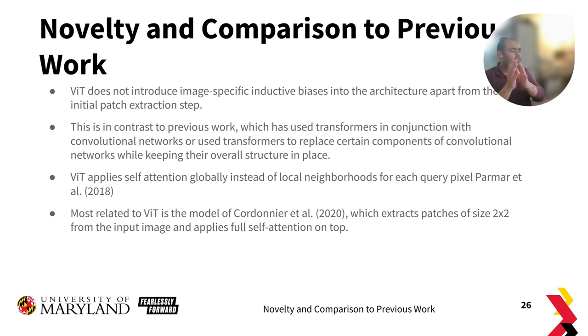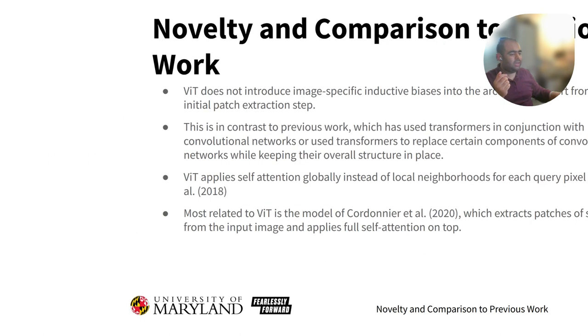So it's very different from that. And the closest model to this vision transformer is that of this paper, which splits the image into 2x2 patches and applies global self attention on top of that.